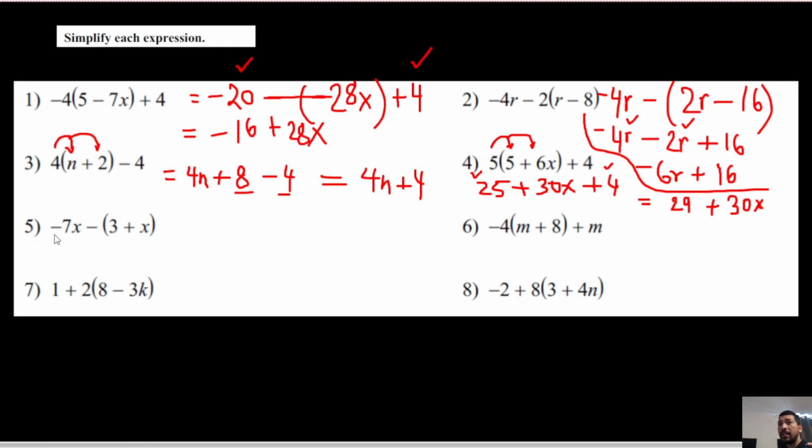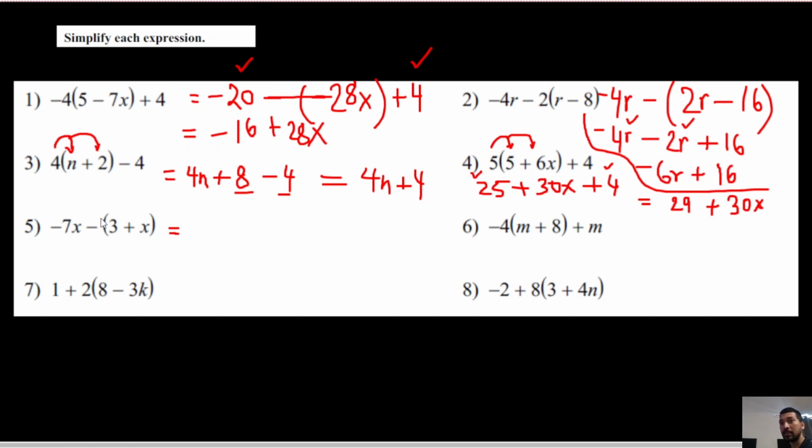Let's look at number 5. In number 5, we have negative 7x minus open parenthesis 3 plus x close parenthesis. Again, in this case, we are distributing this negative sign. So think about this minus sign as a multiplication of negative 1. That's why we multiply everything by negative 1 to change the sign.